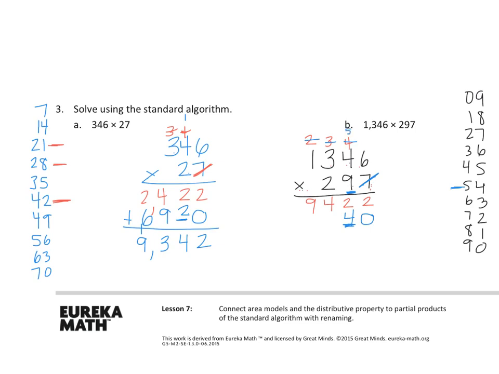9 times 4, that's going to be right here. That's 36. Plus 5 more. So if you add 5 to 36, you're going to get 41. 9 times 3 right here is 27. Plus 4 more. That's going to be 31. So bring your 3 over, bring your 1 over.